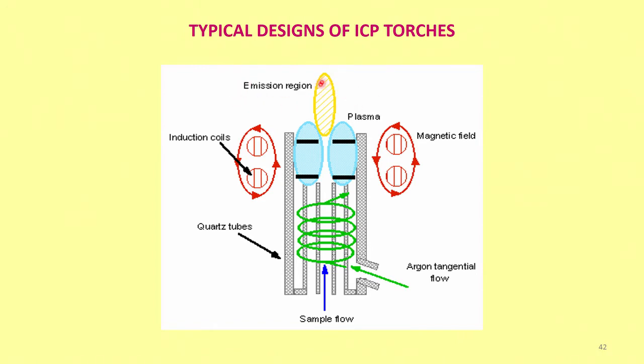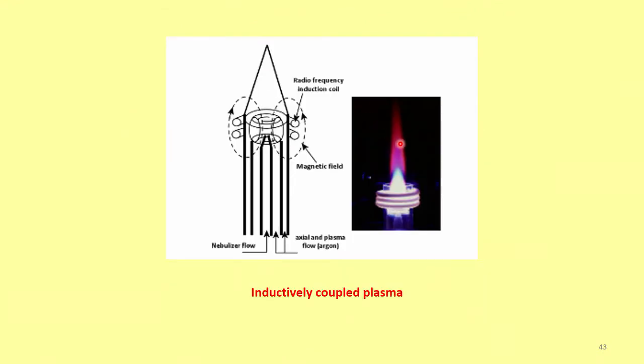Near the edge the temperature is also very high. If the temperature is very high, normal emissions would be very less, that is, the emission noise is very less near the edge. That is why we go back to this figure where there is the red one, and near the tip, in this region, I place my optics.